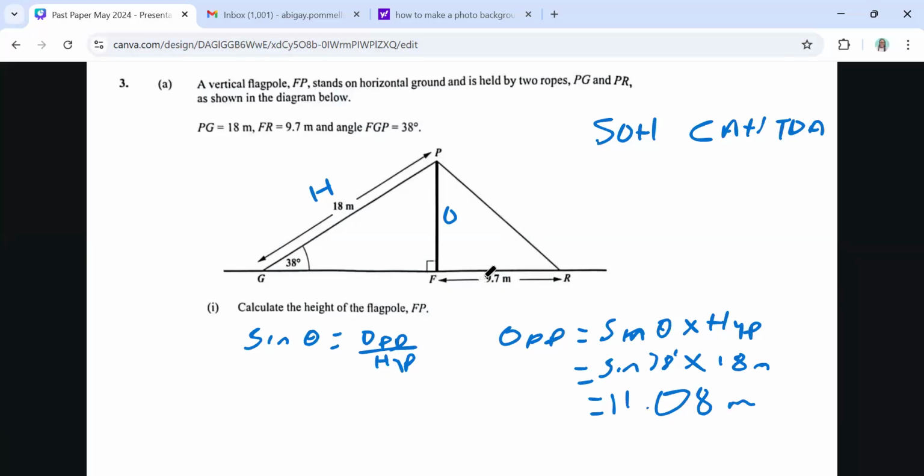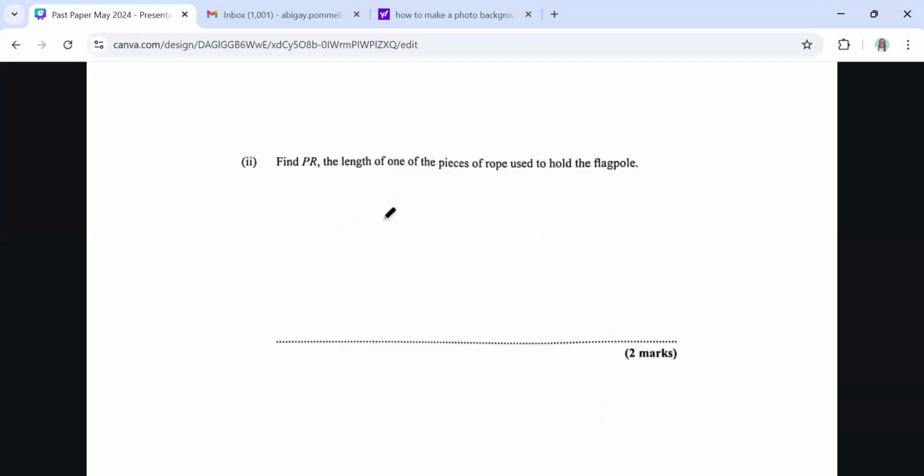Just like I said, it's a right angle triangle and we now have two sides, so we're going to use the Pythagoras theorem formula, which is C squared equals A squared plus B squared.